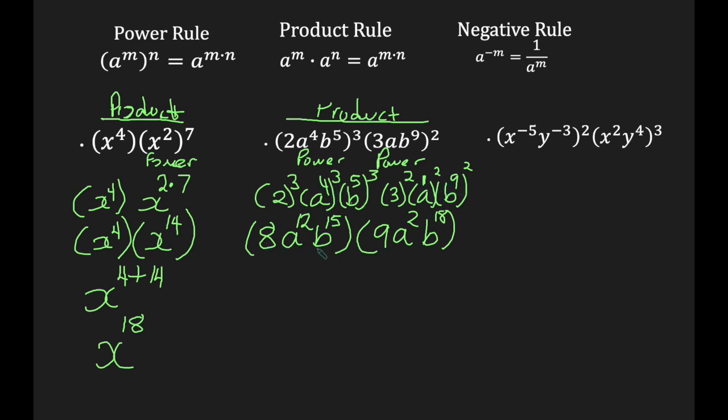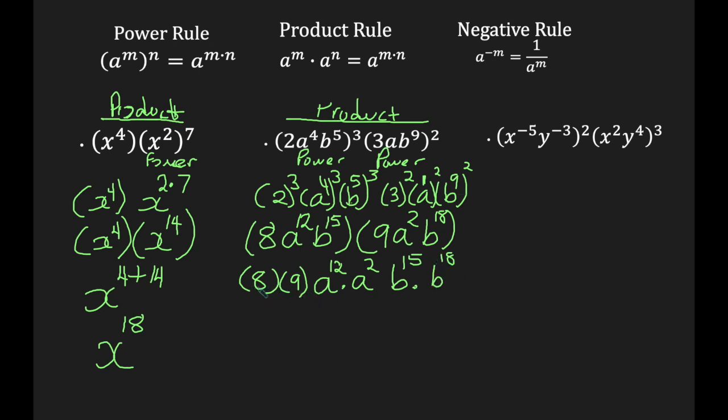And now we're going to do our last step, where we're going to multiply. So 8 and 9 will multiply each other. A to the 12th is going to multiply a to the 2nd, and b to the 15 is going to multiply b to the 18.